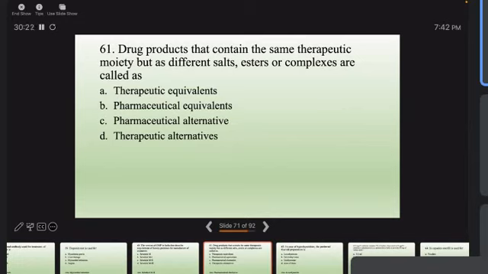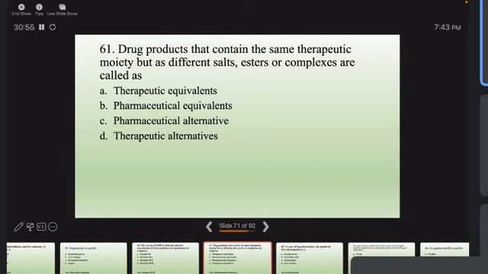We have drug products and therapeutic moiety as the main keywords. But have they mentioned anything about how the drug will behave? Is there any response after taking the drug? That becomes therapeutic equivalent or therapeutic alternative.